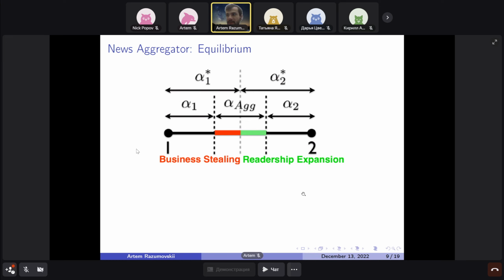But then we have readership expansion as a positive effect: a larger number of readers will observe our news, and maybe they will go and read the high quality news from our agency.